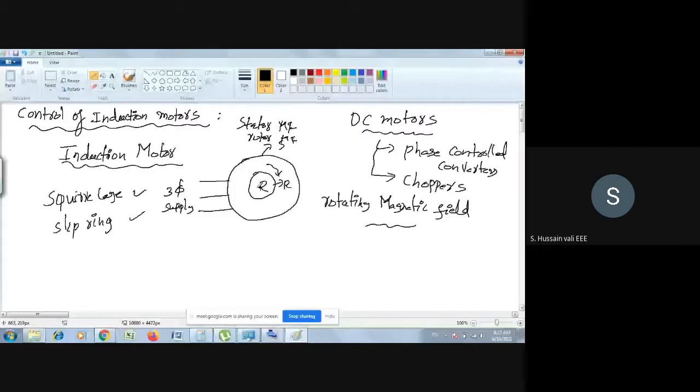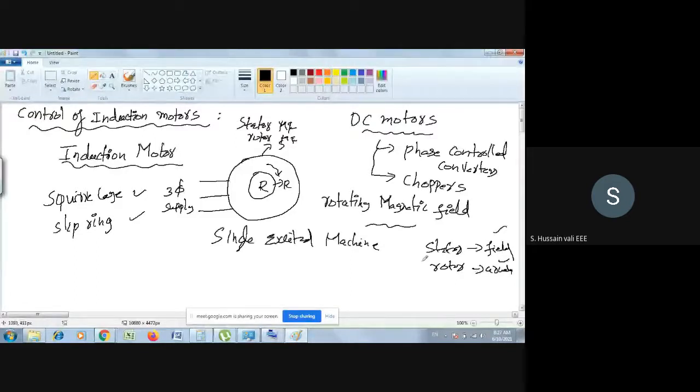You give this supply to the stator, and one more thing you should know about your induction motor is that it is a single excited machine. Unlike DC motors, where the stator has the field and the rotor has the armature, so you have to give supply to both the field and the armature.